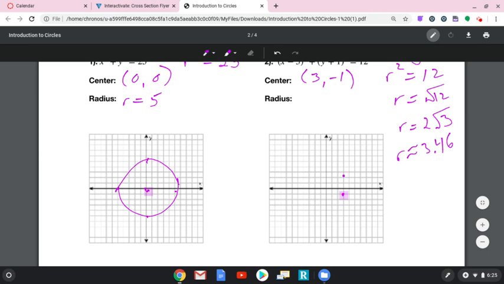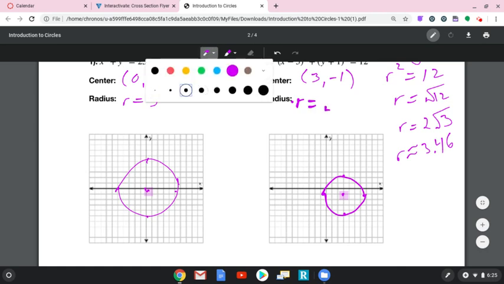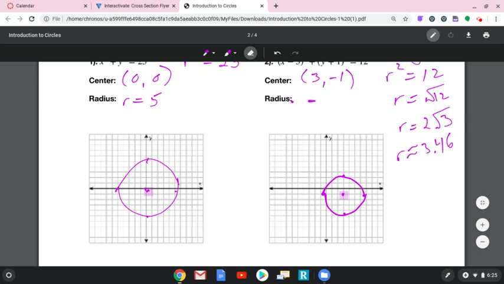I'm going to count to the right 1, 2, 3.5. To the left 1, 2, 3.5. Down 1, 2, 3.5. And then I'm going to connect my circle the best way I possibly can. So my radius, I'll make that one thinner though. All right, so I'll label that radius as the square root of 12.